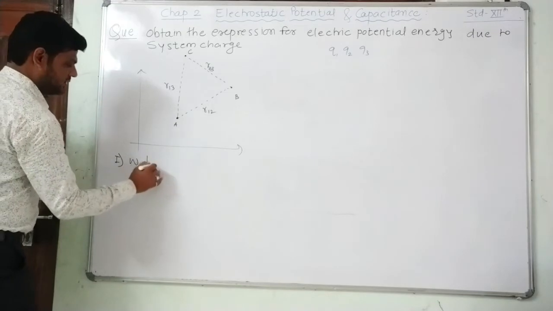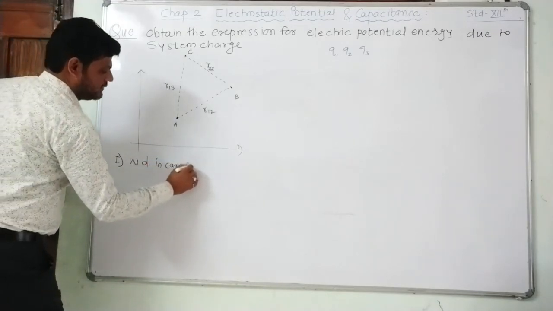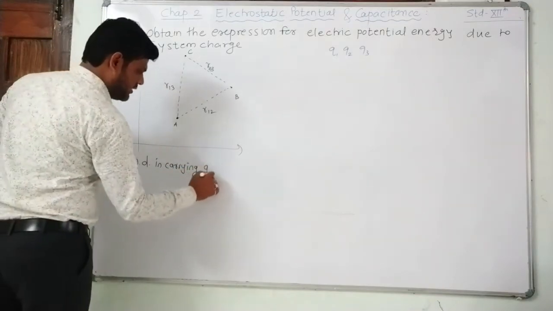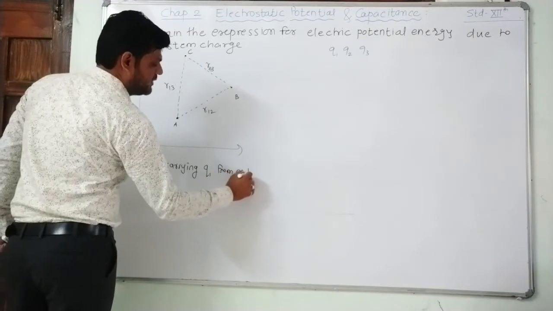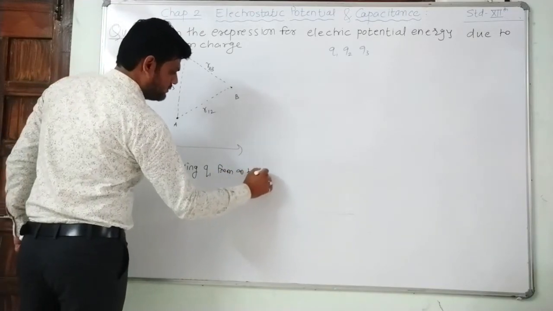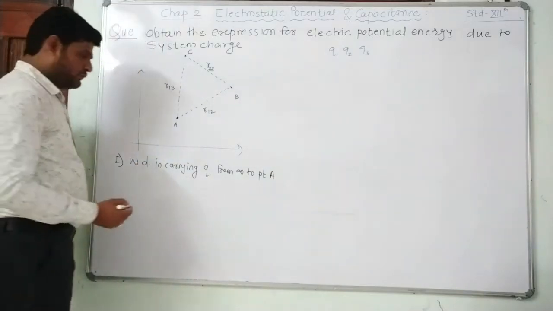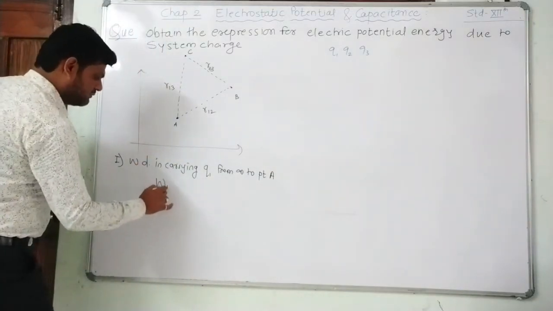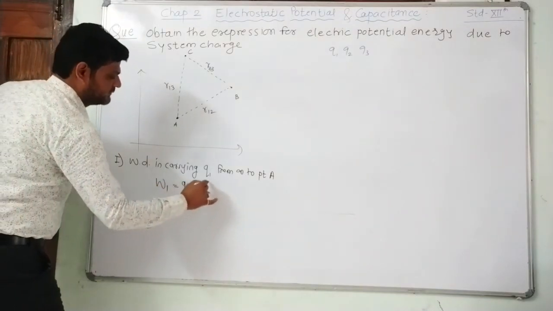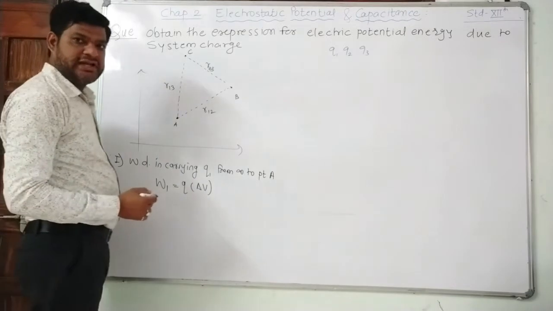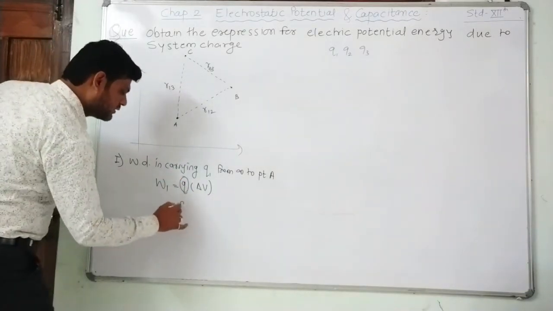Work done in carrying Q1 from infinity to point A. That work done, we know the formula, W1 equal to Q into delta V. Which charge we are carrying? Q1. So this Q will be replaced by Q1.